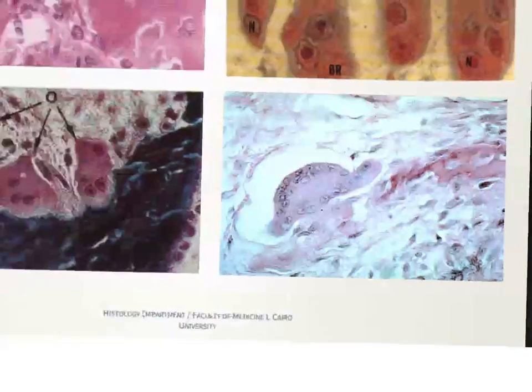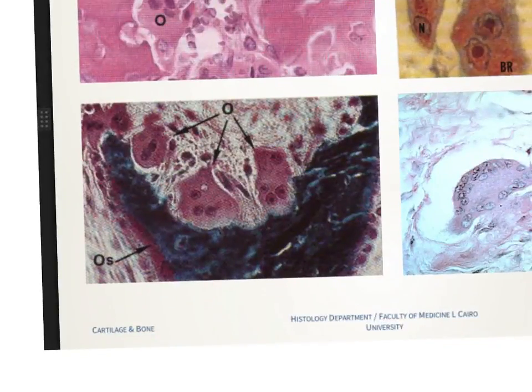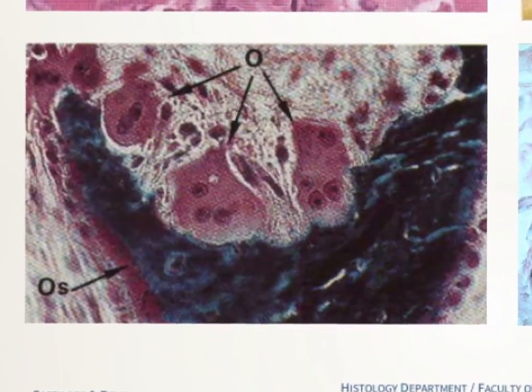Again, we have another one for the osteoclast. These are 3 osteoclasts. We have this bony surface where bone resorption takes place.